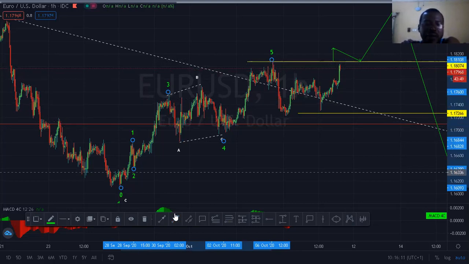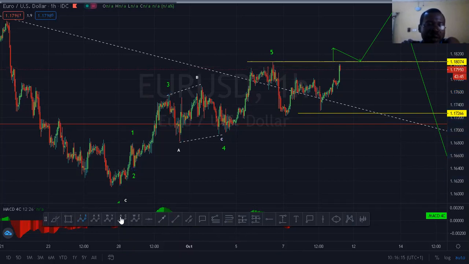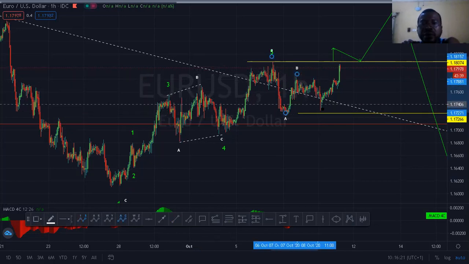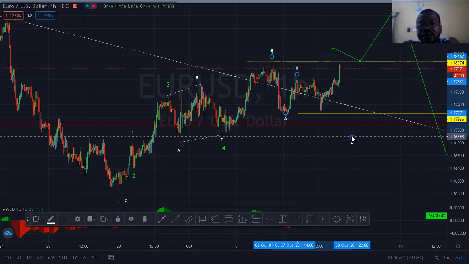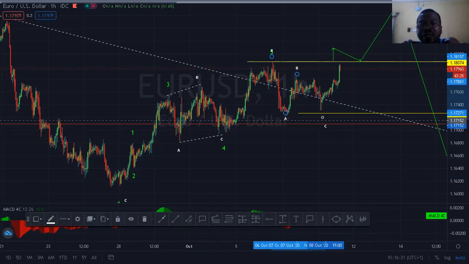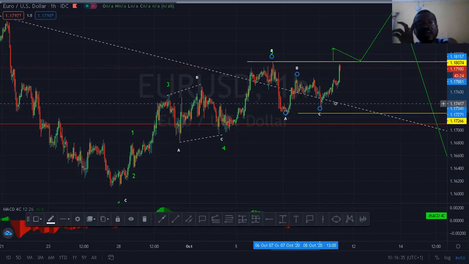So we are expecting ABC. Either we have gotten ABC or we are still expecting it. This is A, B, and we're looking for C. Maybe that C will still come down or it has ended here. If it has ended here, then it is what we call a running flat, and price will keep going.